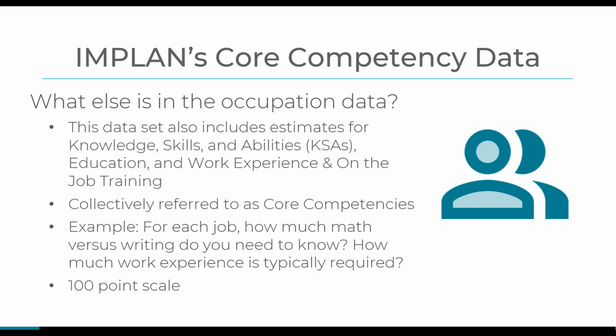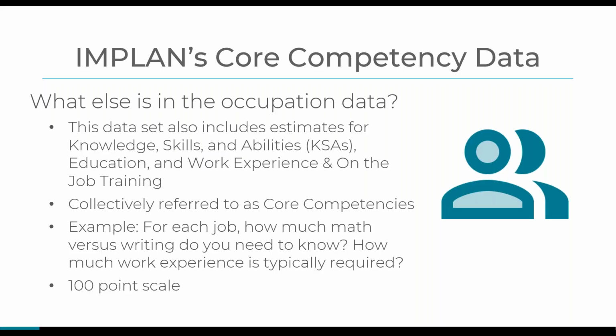This data is a bit unique in that it has its own units. So unlike jobs or dollars for our occupations or employee compensation, the relative amount of a core competency that an occupation requires is not clearly defined. As such, IMPLAN produces core competencies on a 100-point scale.